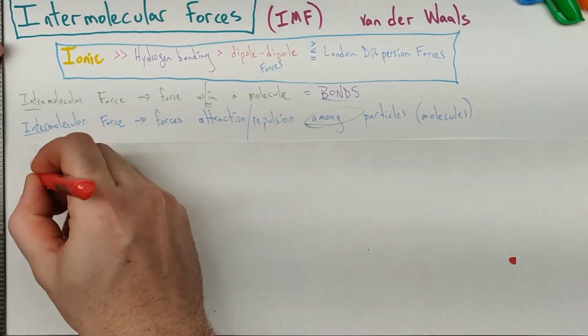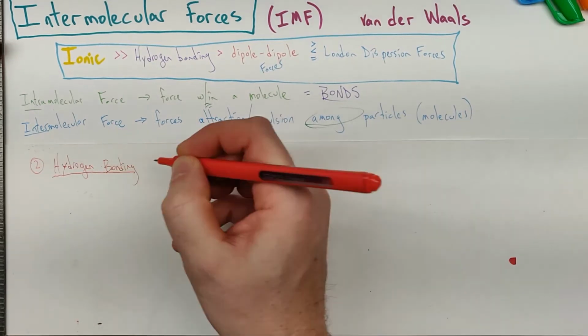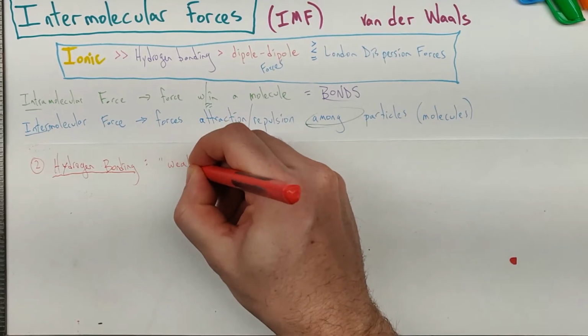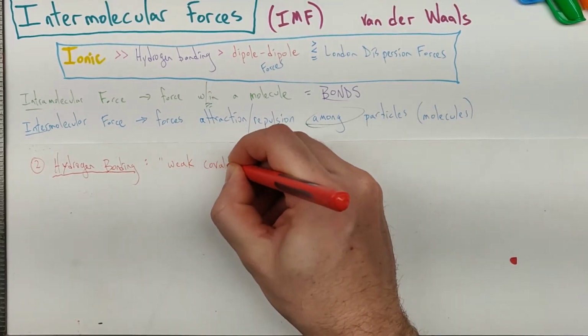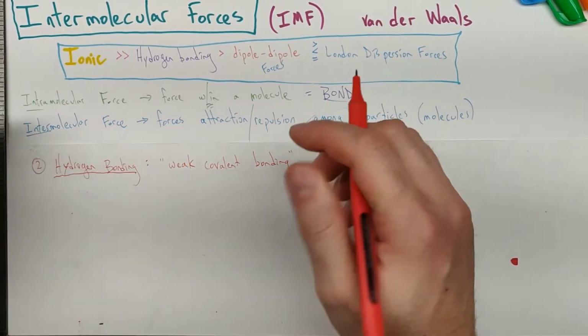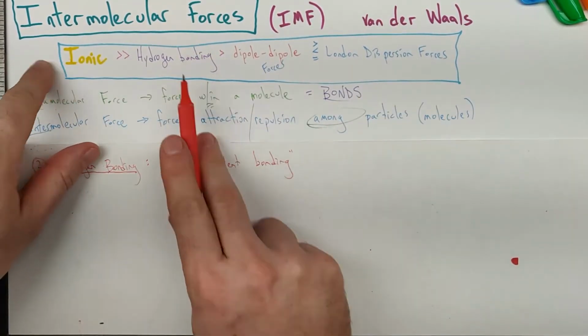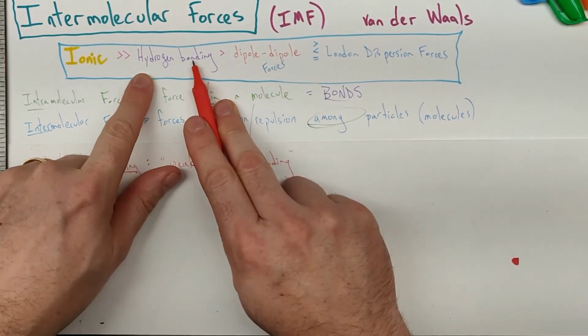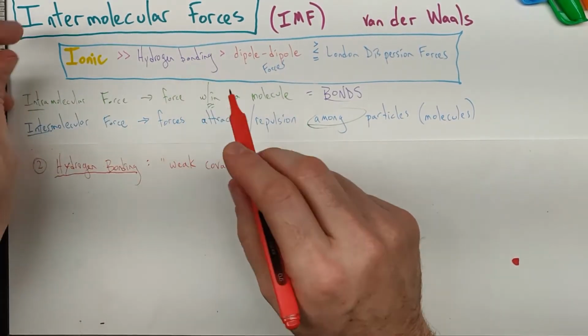Anyway, hydrogen bonding, which has been redefined in the not-so-distant past as weak covalent bonding. All right, and if you think about what we wrote in here, we're saying it's a dipole-dipole force that is stronger than regular dipole-dipole forces, but we're not actually getting a bond.